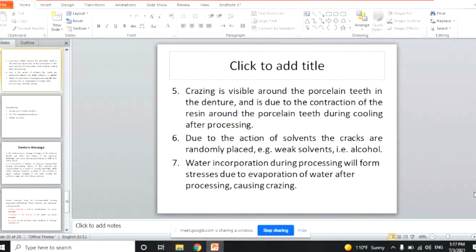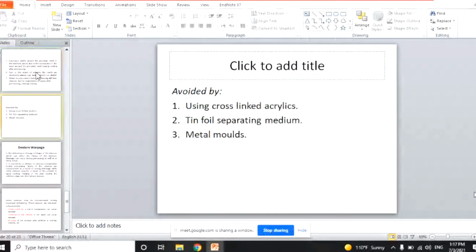Number 6, due to the action of solvents, the cracks are randomly placed. Like what? Alcohol. Number 7, water incorporation during processing can cause stress distribution, and after evaporation of water, the remnant will crack a little bit and can cause crazing.